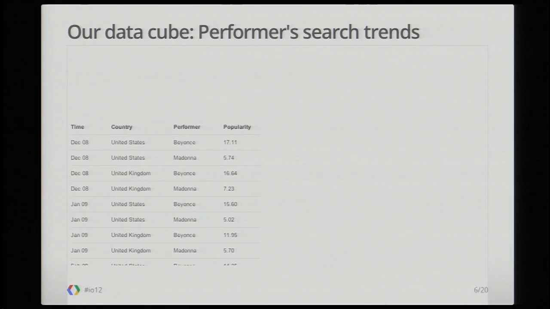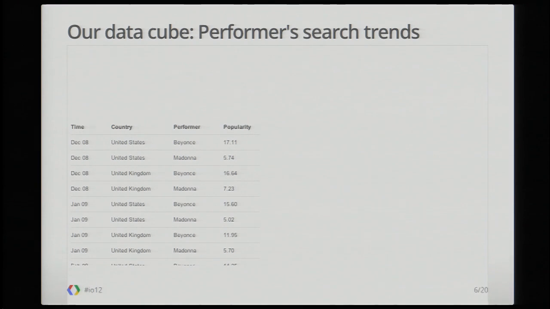If you ask Michael Fink, who is also the product manager for Google Insights and Google Trends, he will tell you one answer, and that would be to use the search popularity. Just consider how many times people have searched for Beyonce in this example, or how many times people have searched for Madonna. That would give you some sort of a measurement of how popular Madonna and Beyonce are.